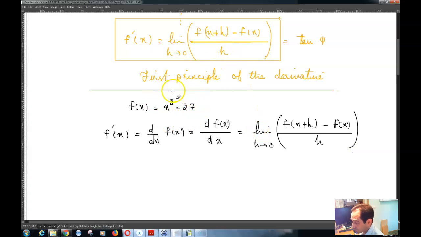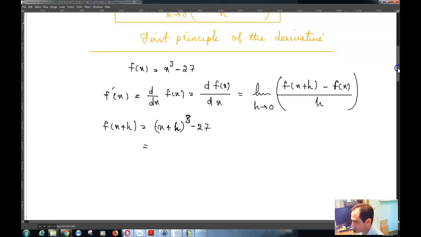Now in this function, f of x plus h is equal to x plus h whole cube minus 27.